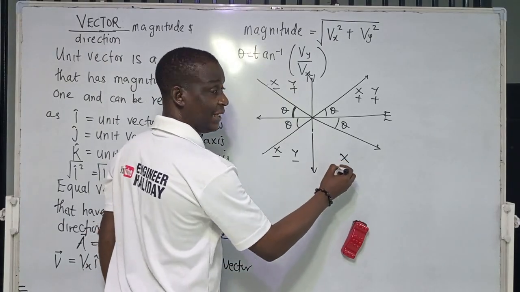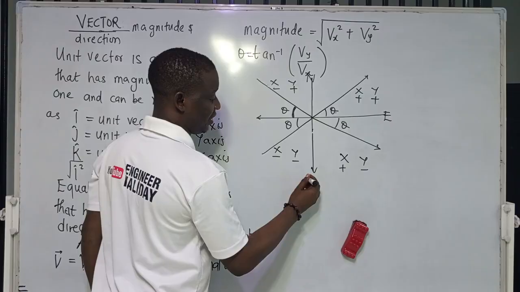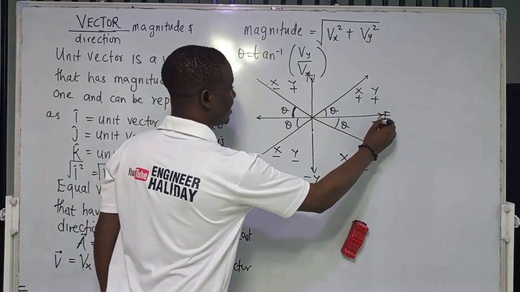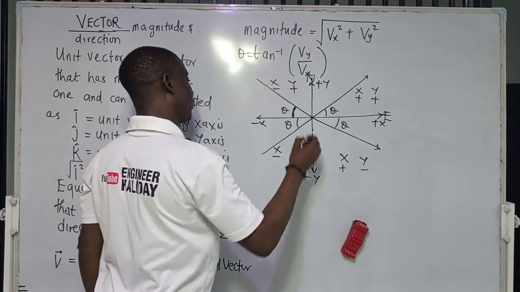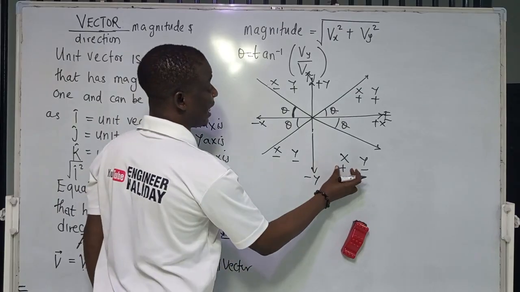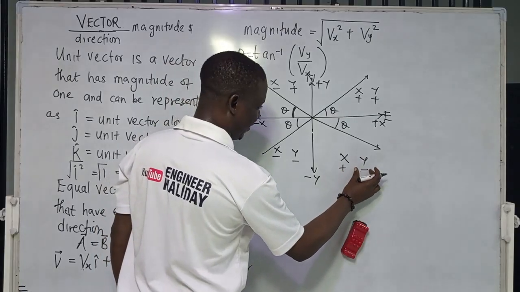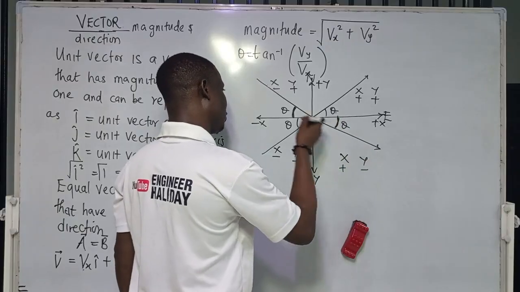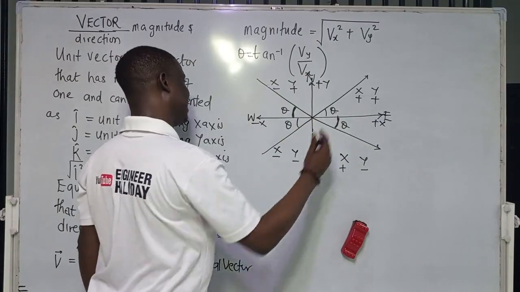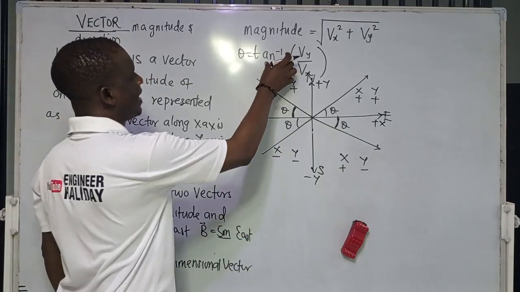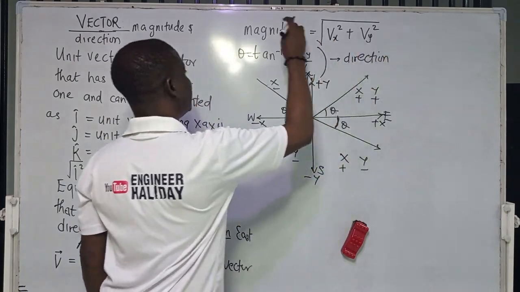Now if x component is plus and y component is minus, you consider this as your direction position. This is south, this is west, this is north, and this is east. Now that is how to find the direction. This is for direction, and this is for magnitude.